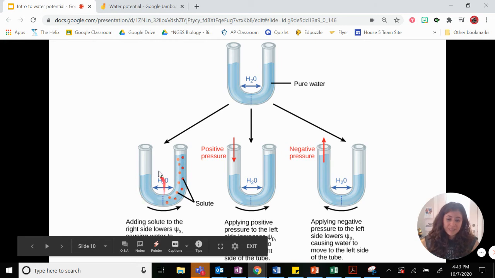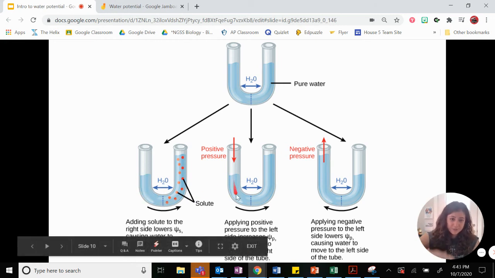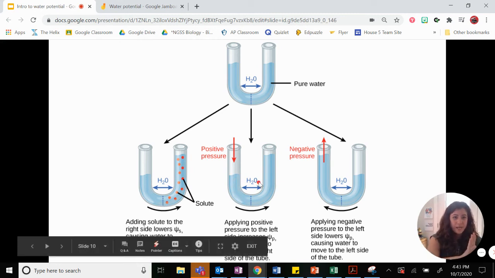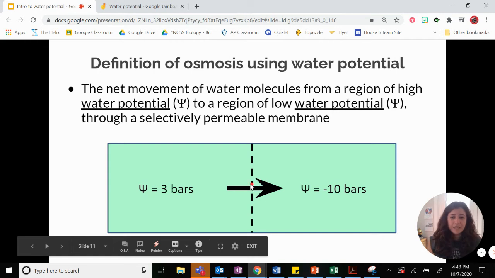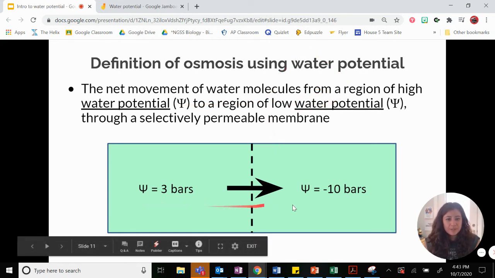So the side where we were pushing on the water has a positive water potential, and it pushes the water away to a more negative side. That's our definition of the way water moves in osmosis according to water potential: water moves from the region with a higher, more positive water potential to a lower, more negative water potential.